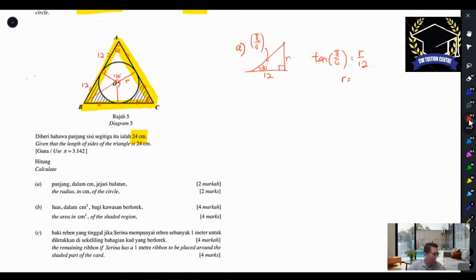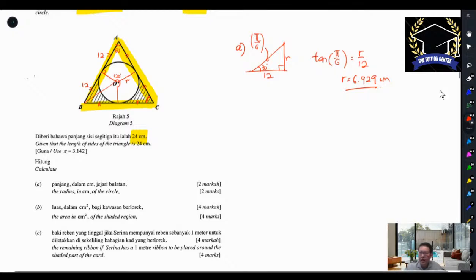So radius equals 12 times tangent pi over 6. I'm using 3.142 divided by 6. So radius will be 6.929 cm. All right, so that's the answer.